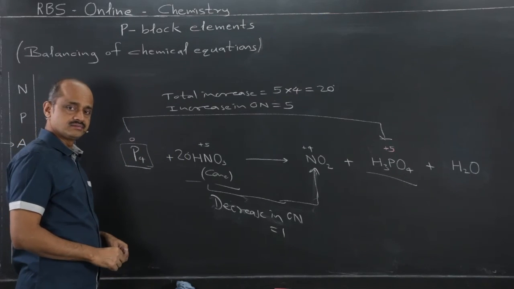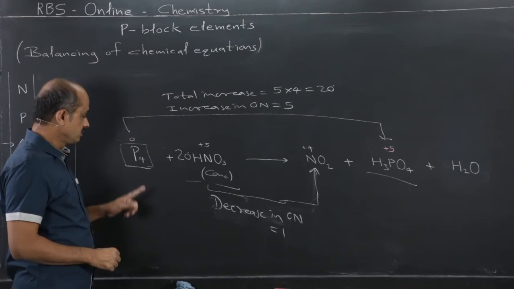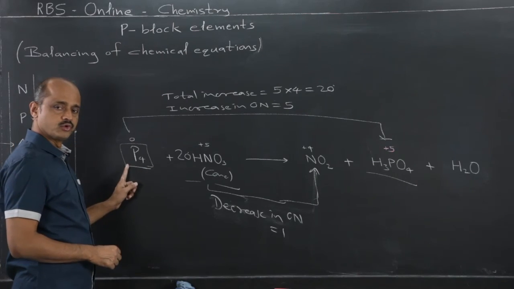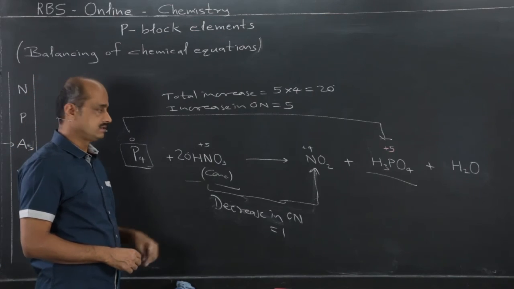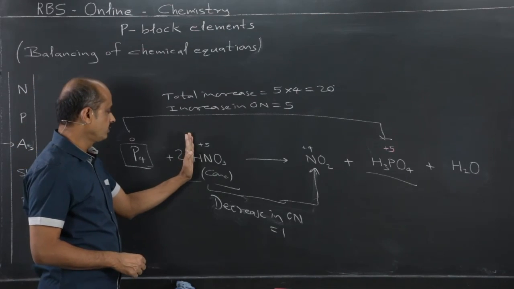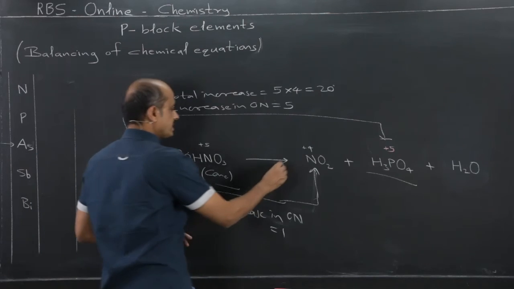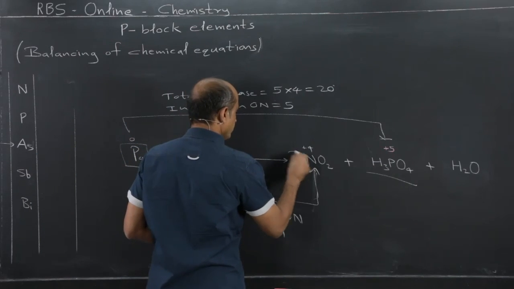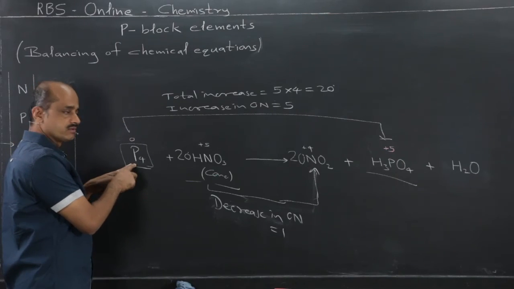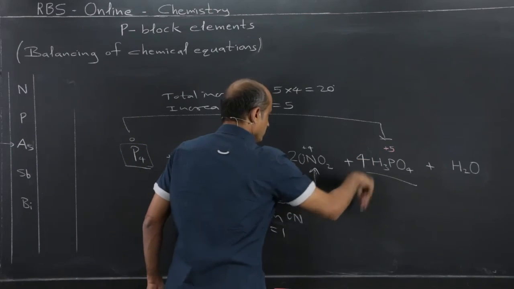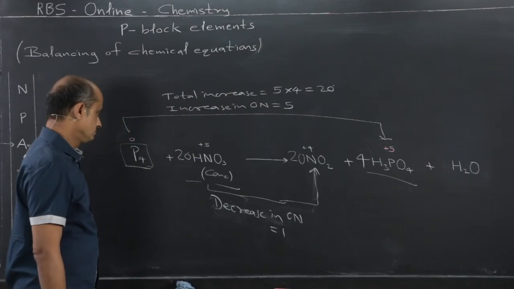So electronically, on the basis of oxidation number, 1 molecule of phosphorus, P4 molecule, will require 20 molecules of nitric acid. And if 20 is the coefficient here, automatically it means that NO2 becomes 20. And 1 molecule of phosphorus has 4 atoms of phosphorus, and therefore this becomes 4.